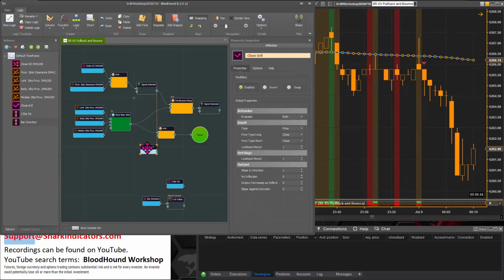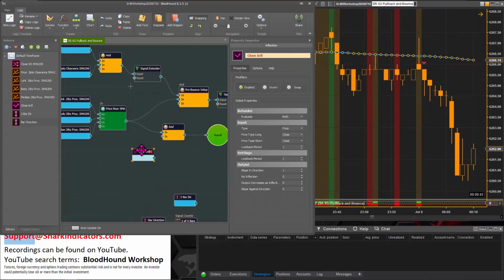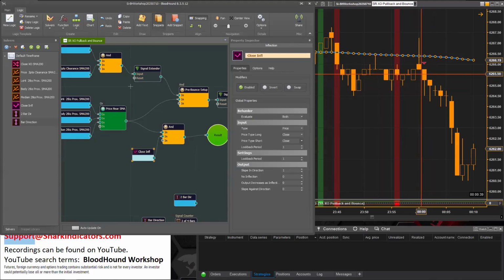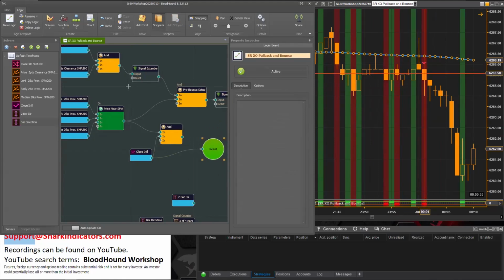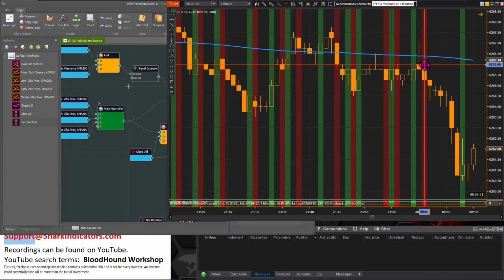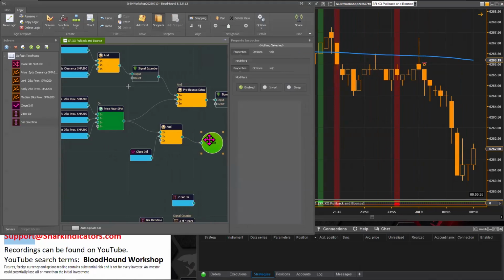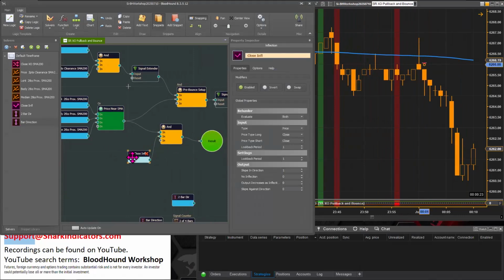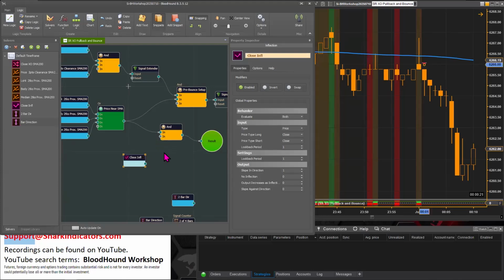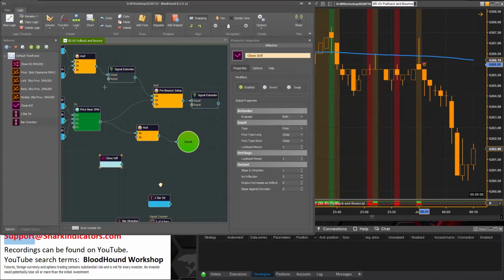So if I take our inflection solver and connect it in, we get nothing. Because remember, the inflection output is on the bar here, whereas our bar that touches has an output here, but it doesn't have an output on the bar that reverses away, or inflects away.